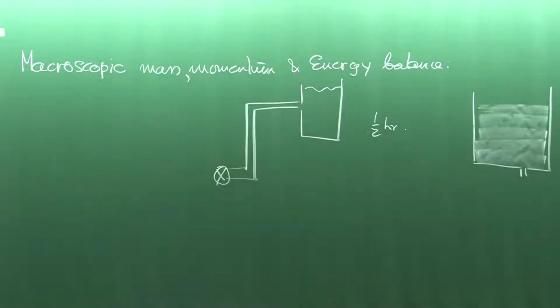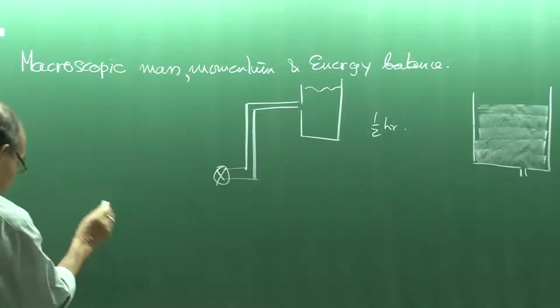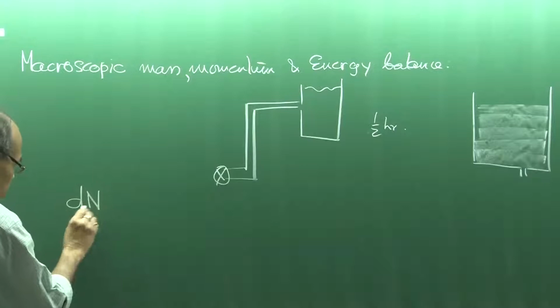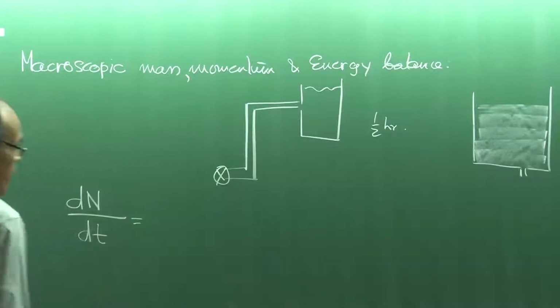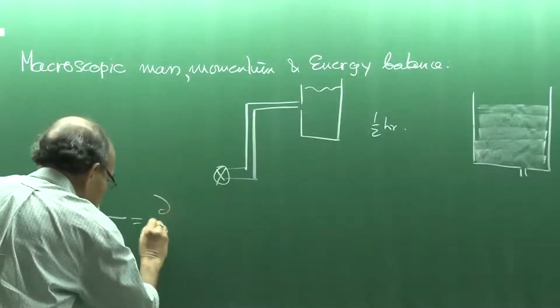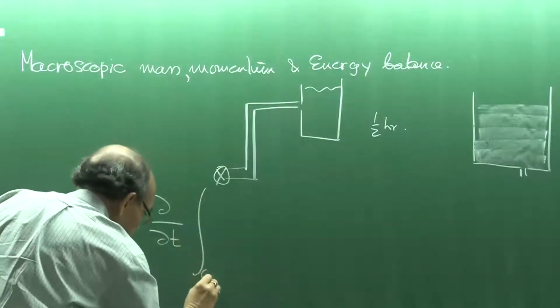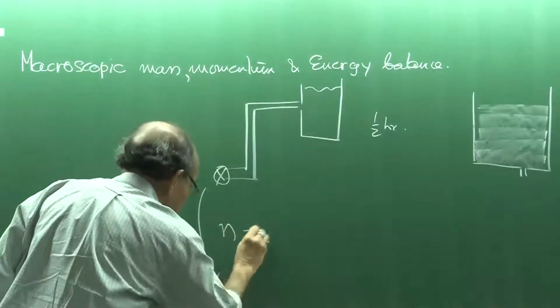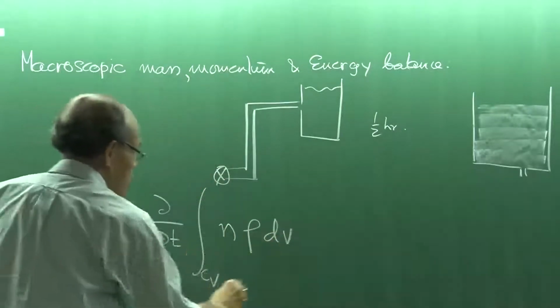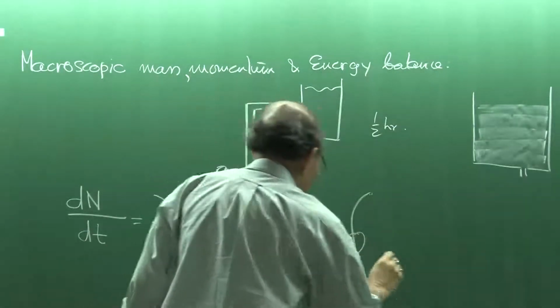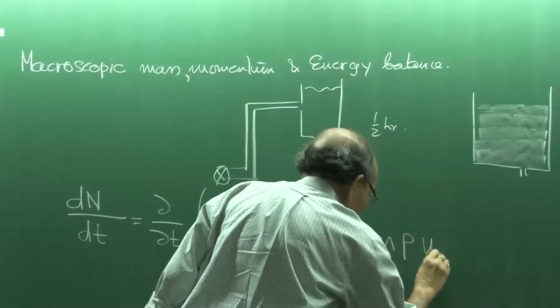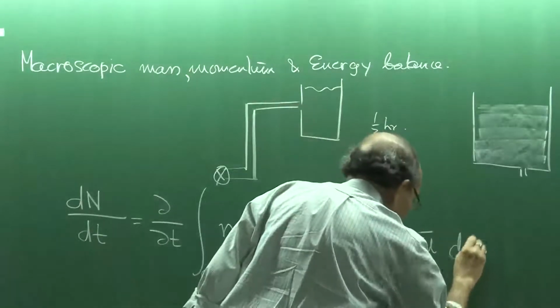Now, the discussion of macroscopic mass, momentum and energy balances can be started with a framework which I am not going to derive, but I will just very sketchily mention that if you take N as a property of a system, the rate of change of N can be given in terms of the net rate of accumulation, the integral of N rho dV over the control volume, plus the control surface term, which is N rho, velocity vector, dot area.